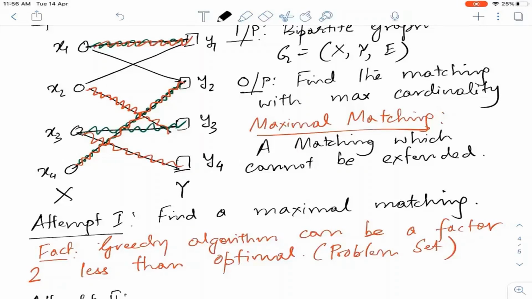It's actually slightly more than half. Yeah, so the answer is if I give you any n, then you can construct an example where the matching size is something like n, but the maximal matching will only have n/2 or something like that. So just figure out the rest.